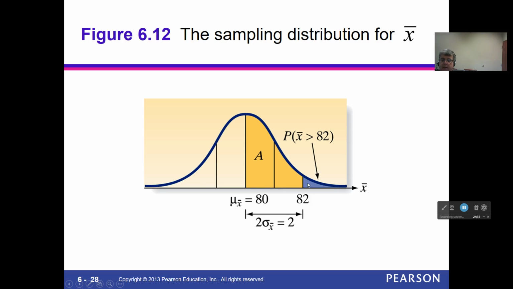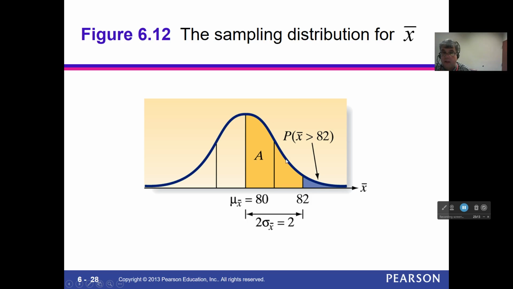And we want to know at what point, as we go to the right, does that sample mean go from not disproving that the mean is 80 to this blue region here, where if the sample mean comes outside of there, maybe it's too extreme for us to reasonably accept 80 as the population parameter.